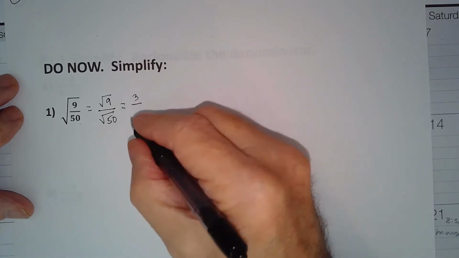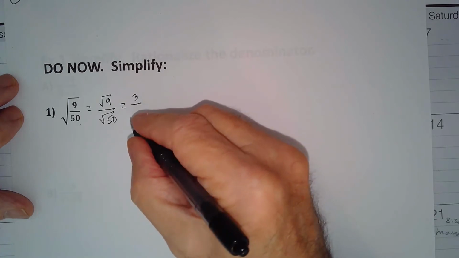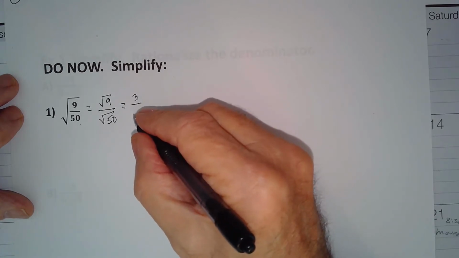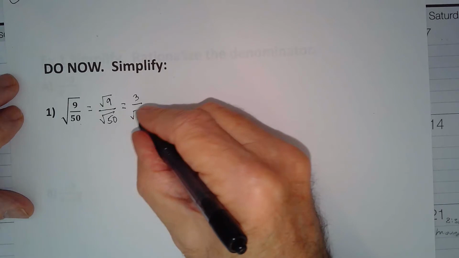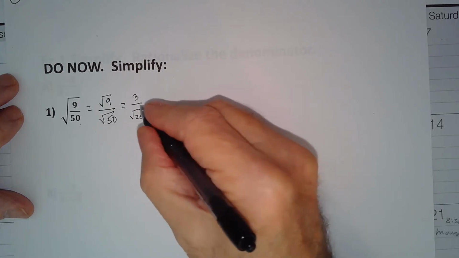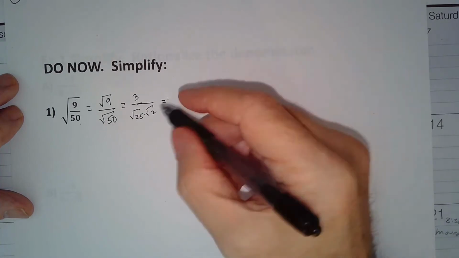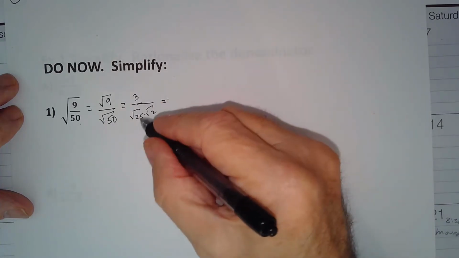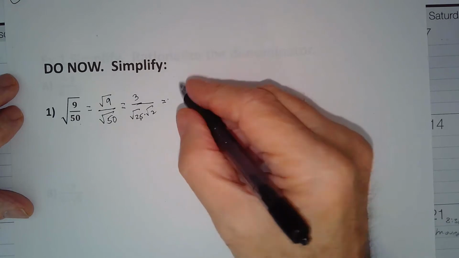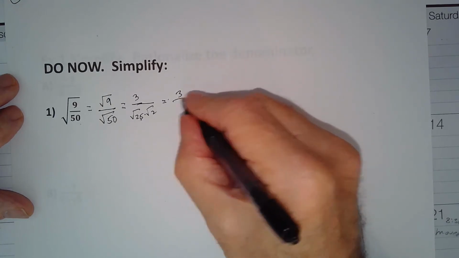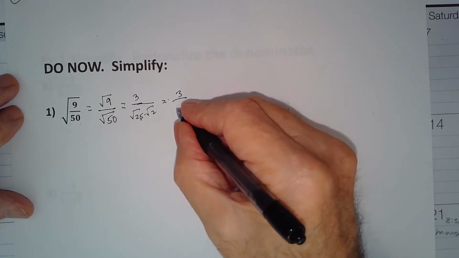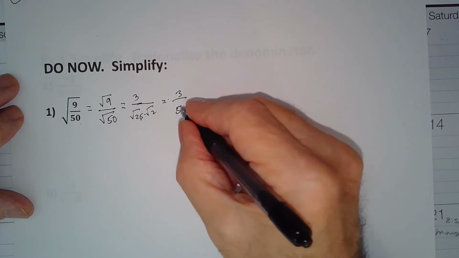The square root of 50 factors into the square root of 25 times the square root of 2. It's that square root of 2 we want to get rid of. But we know that the square root of 25 is 5. So let's rewrite this as 3 over 5 times the square root of 2.